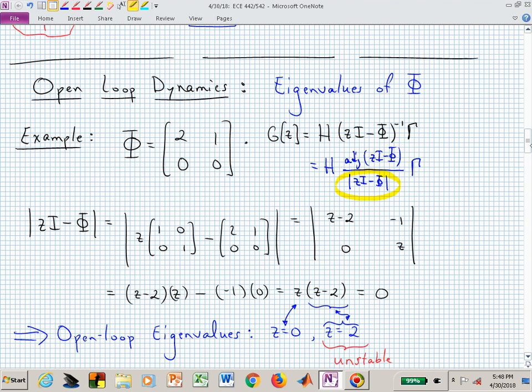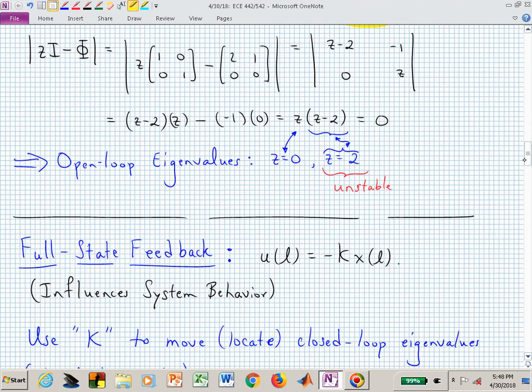That's why we might want to introduce full state feedback, which now says let's take the full state vector x, scale it independently with different elements in K, and combine those to form the input u of k.